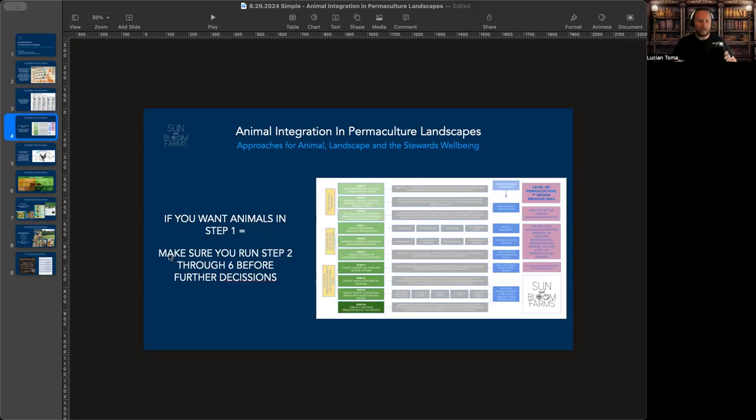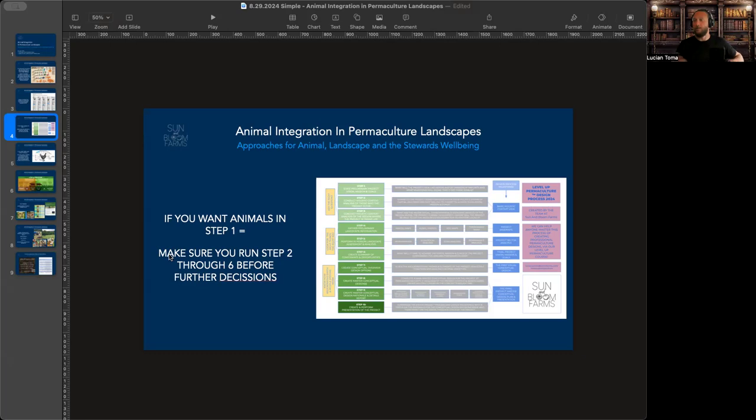And then when we decide that we want animals, there are people that want animals before they ever had any, or maybe they had animals growing up, chickens and sheep and goats. We make that decision in step one of the design process, where we are envisioning our future landscape and putting the mission of our future landscape.